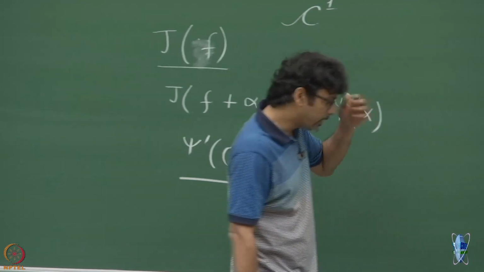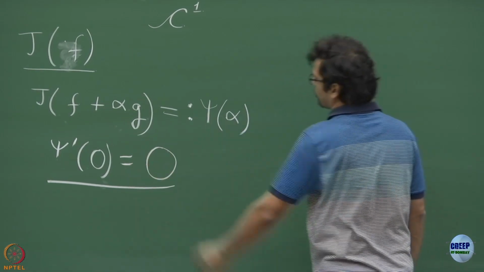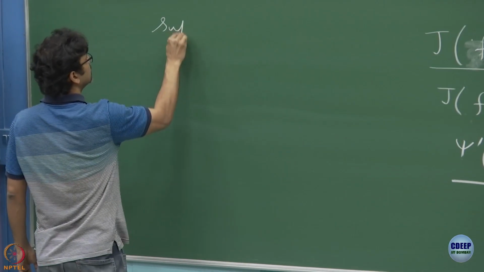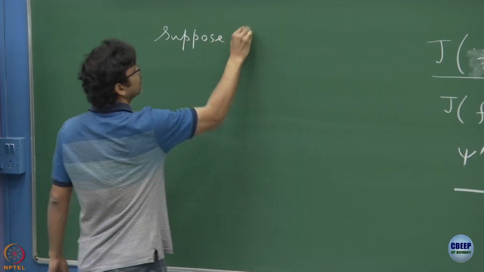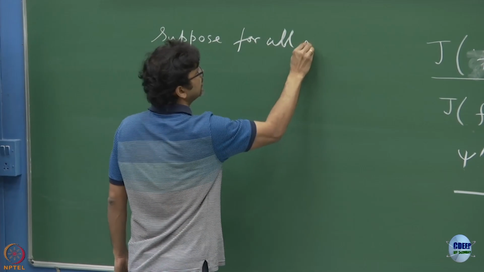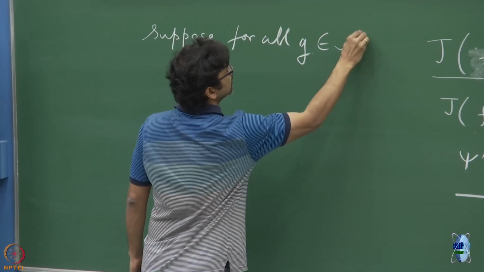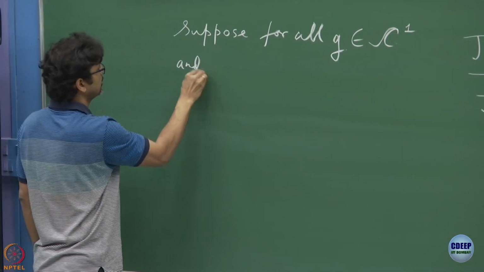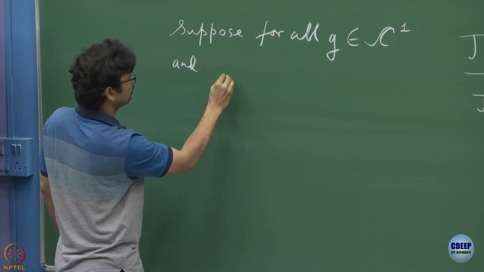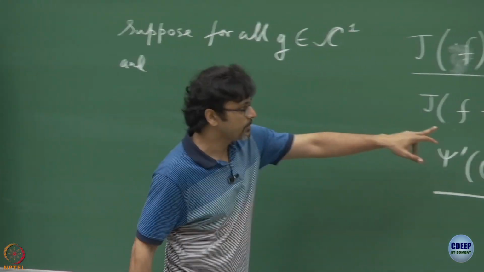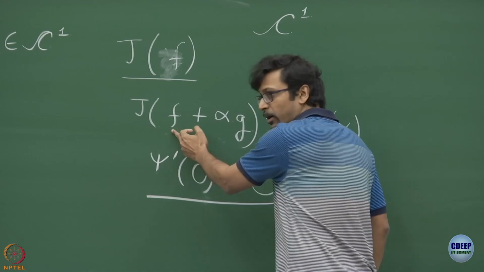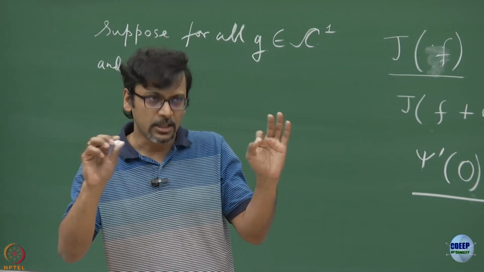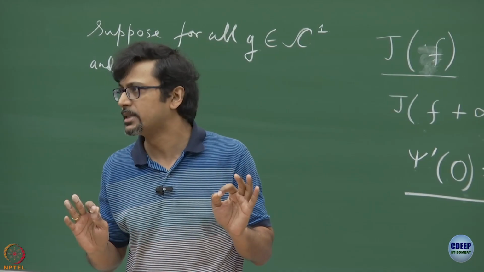So how do we wrap our head around this object now? Now suppose, this is where we say that suppose for all g in C1, you can say that g is basically the perturbation that is applied to f, and f naturally by now you are familiar that f has to meet certain terminal constraints as well in the normal setup.